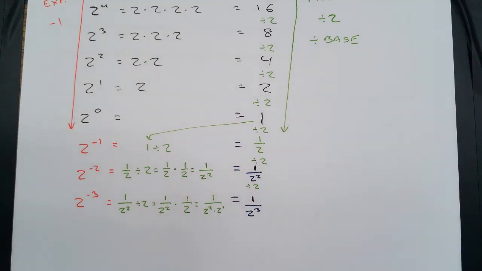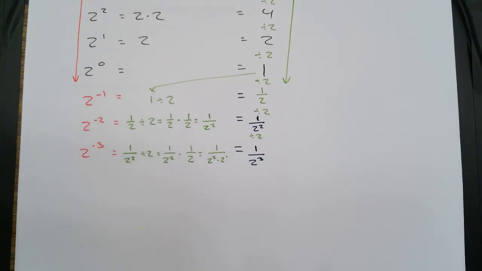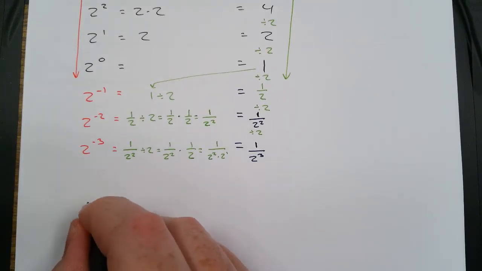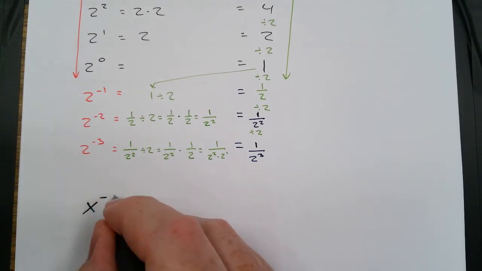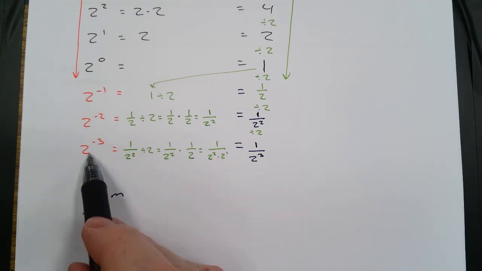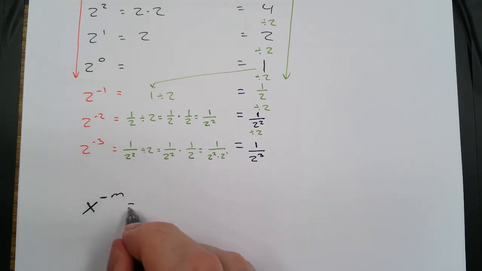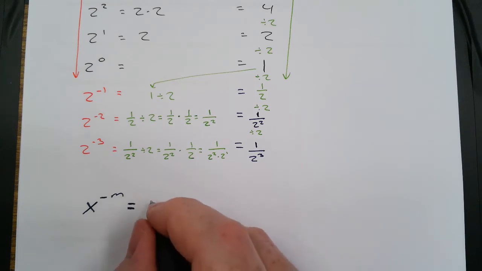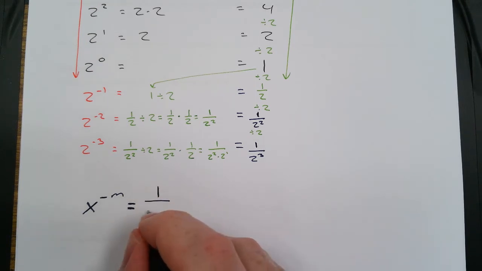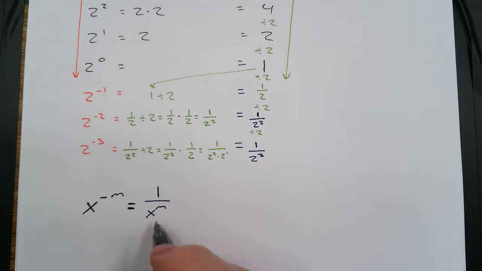This is why when we have a base with a negative exponent, like 2 to the negative 3rd, all we do is write it as a reciprocal. In fact, a negative exponent means the reciprocal. We just put the exponent positive, but we put everything in the denominator.